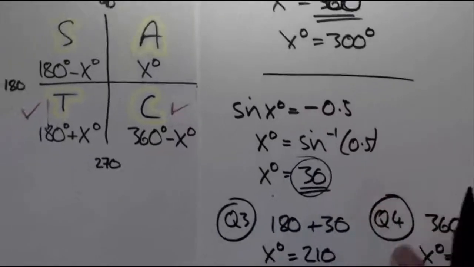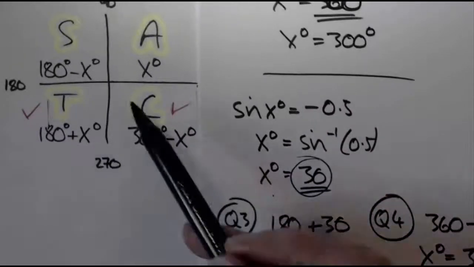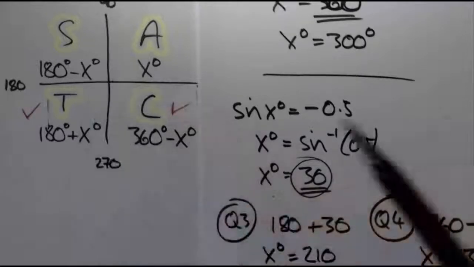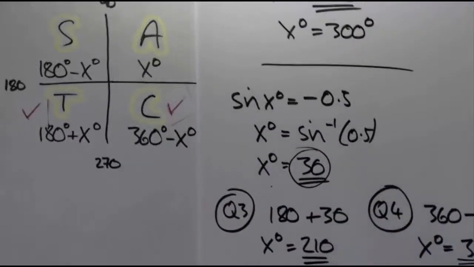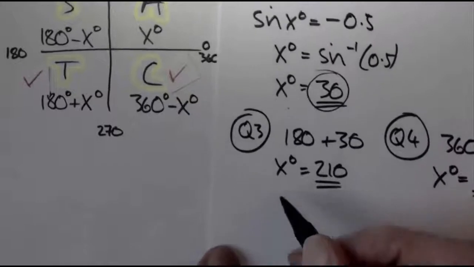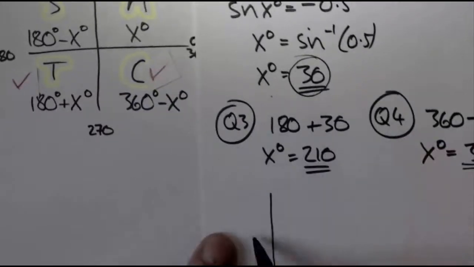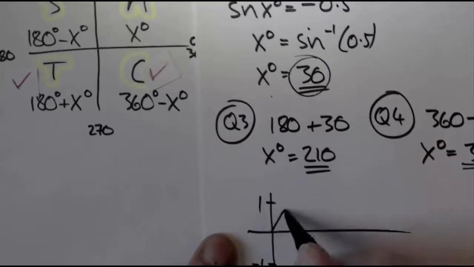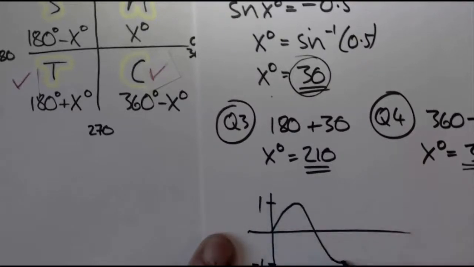Okay, so when it's a minus, you find the inverse function of the positive version, and we use that one to then substitute it into these wee rules. Okay, but always keep an eye on that, and that makes sense because if you look at your sine wave, remember that's 1, that's minus 1, it goes up to 1, it goes all the way down to minus 1, that's 180 degrees, and that's 360, and we're looking to see when it's 0.5 or minus 0.5.